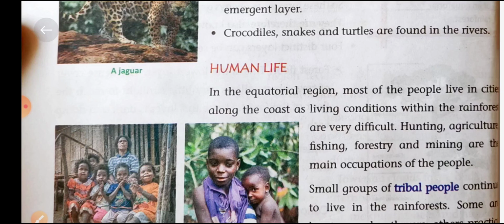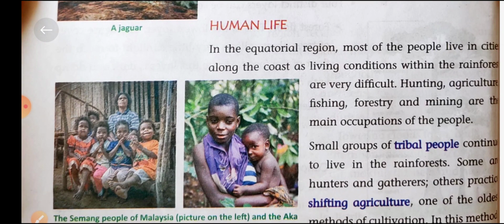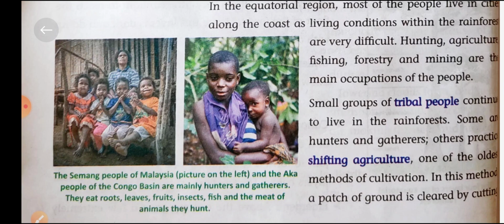Small groups of tribal people continue to live in the rainforest, and many types of tribal people live there. Some are hunters and gatherers, like early humans. Others practice shifting agriculture, one of the oldest methods of cultivation.